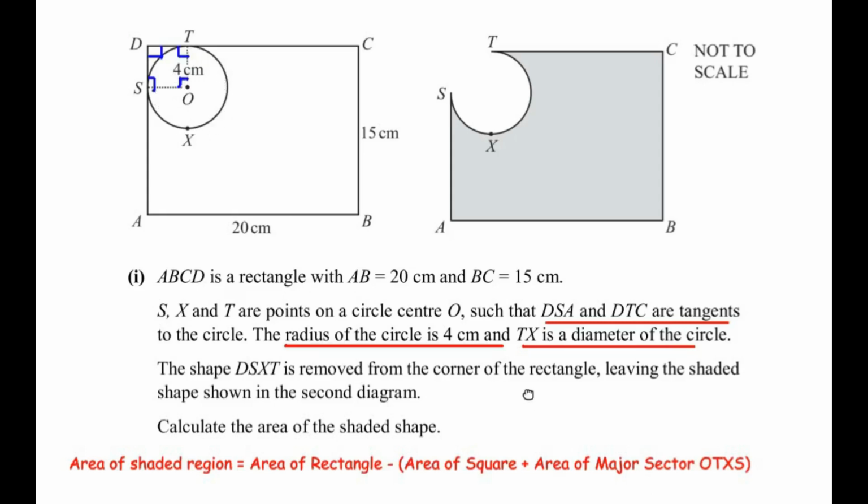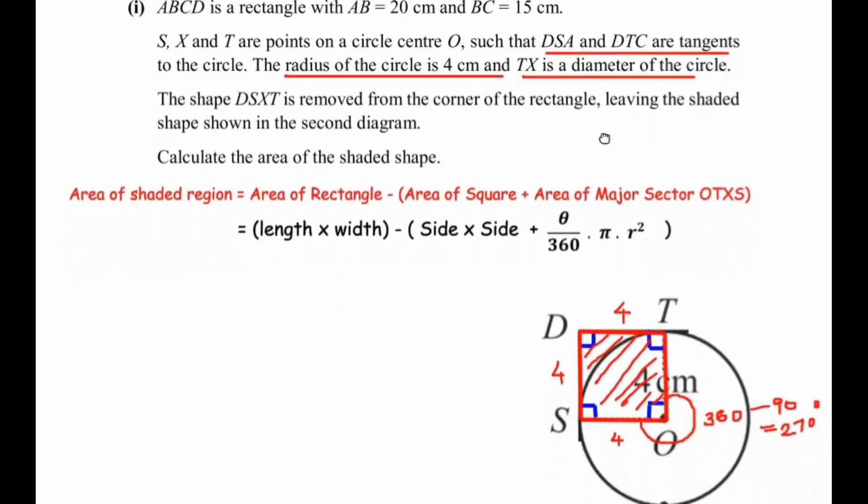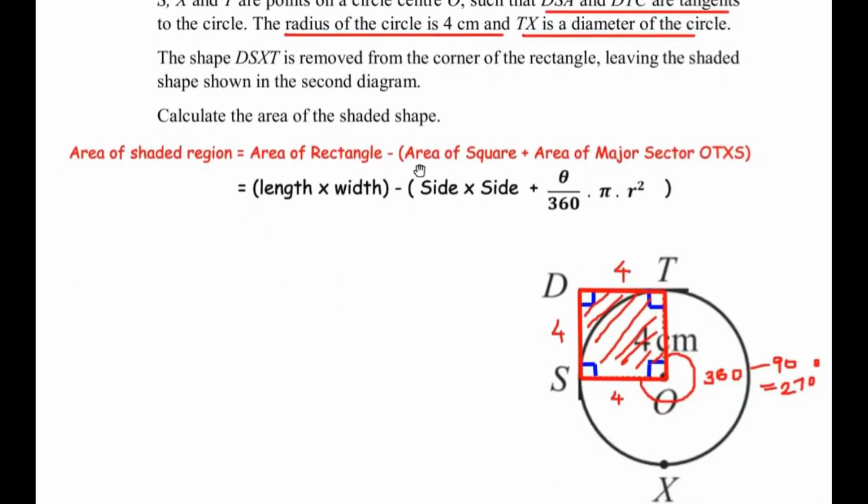So now let us write the respective formula. So here we have the area of the rectangle as length times width, and area of square is side times side, plus area of the major sector is given as theta over 360 times pi r squared, where r is the radius of the sector and theta is the central angle.